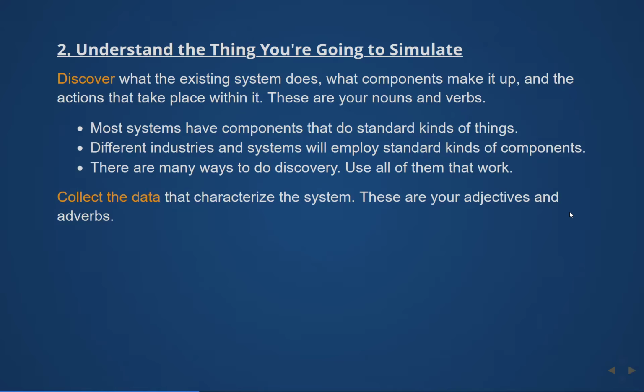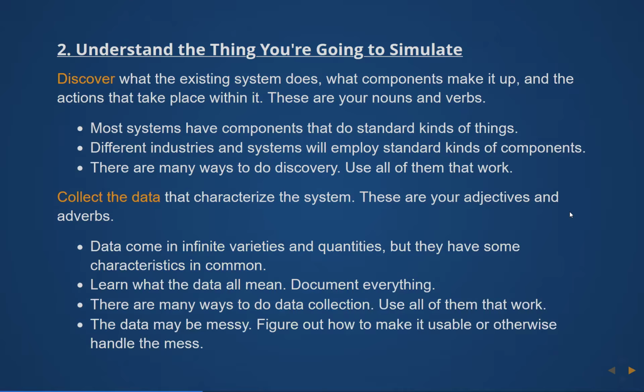Similarly, with data collection, once we know what's going on in a system, we can characterize it by putting numbers and enumerations and types on it. Those are your adjectives and adverbs. So there are a lot of different kinds of data.